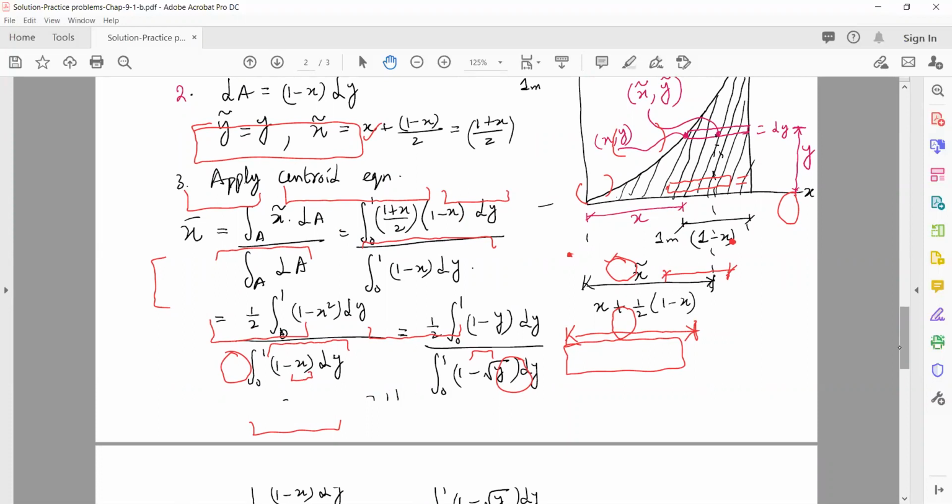That's how, with this example, doing it with both methods, the vertical element and the horizontal element, we can say that any problem involving the centroid of the area can be solved with either the horizontal element or the vertical element. In some cases the vertical element is easier, and in some cases the horizontal element is easier. It depends on the type of problem.